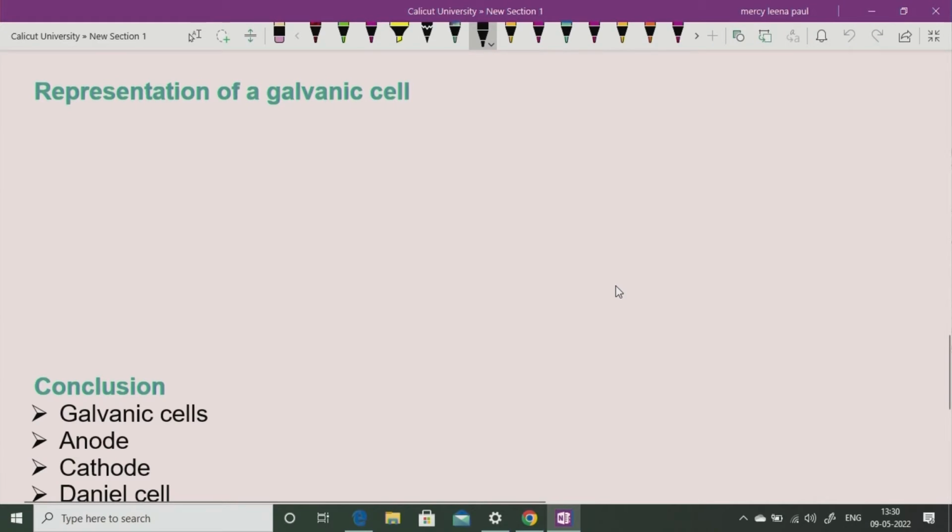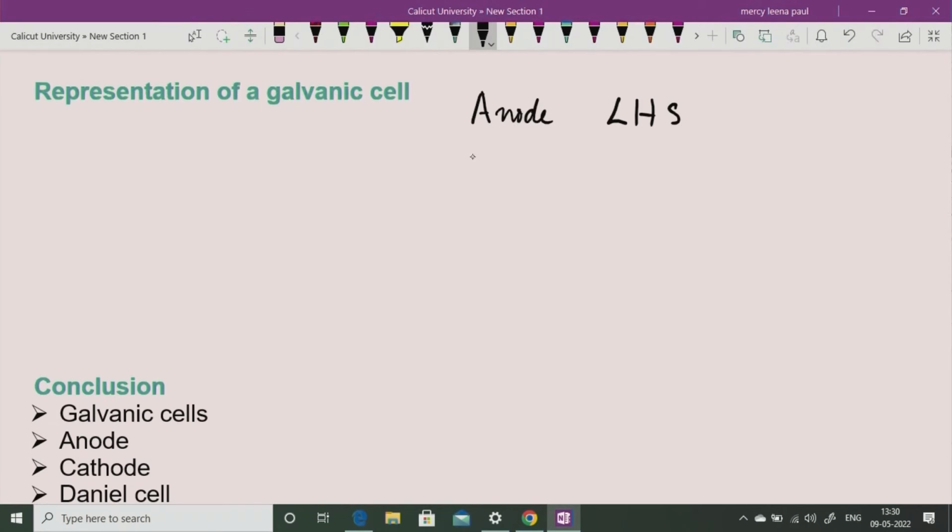Now, how will you represent a galvanic cell? Here, for a galvanic cell, you should first put the anode on the left hand side and the cathode on the right hand side. Okay.